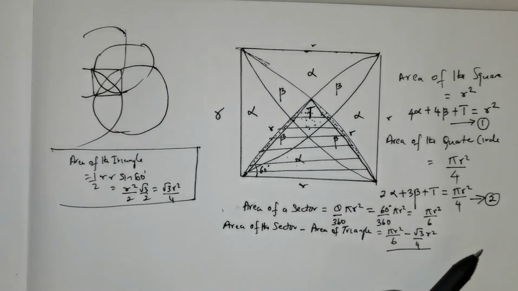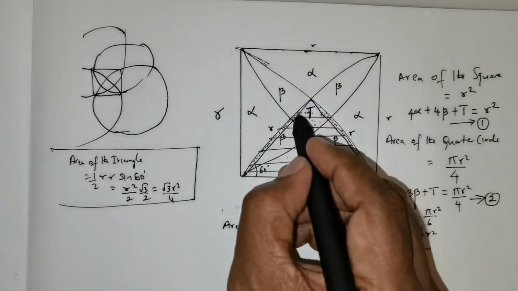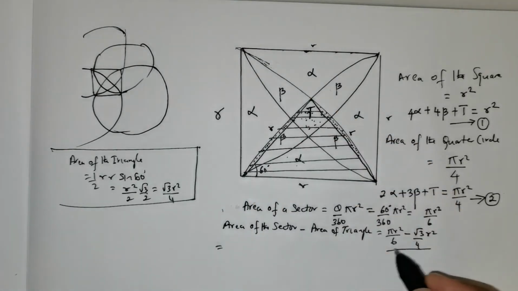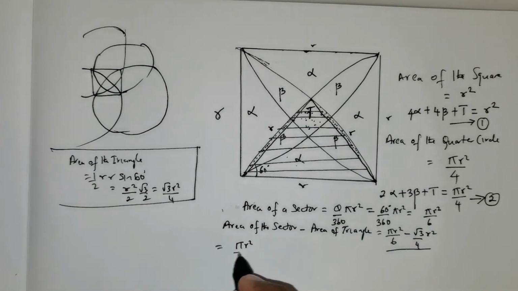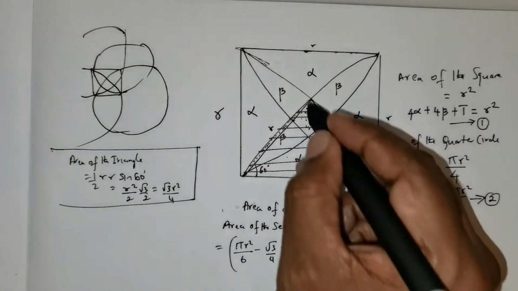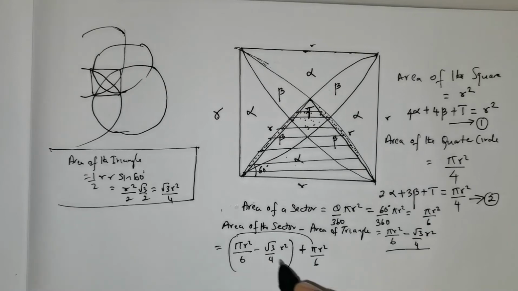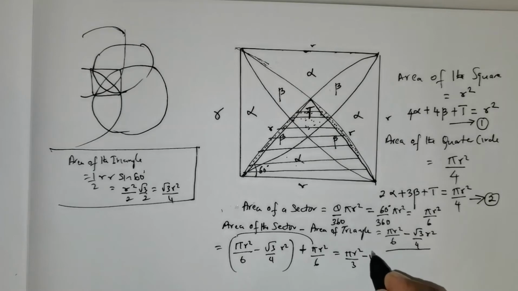So to take that, so that area should be area of the shaded part, which we have got as pi r squared over 6 minus root 3 over 4 times r squared, added together with the area of the sector, that's going to be pi r squared over 6. So if we are going to be simplifying it, we would get pi r squared over 3 minus root 3 over 4 times r squared.